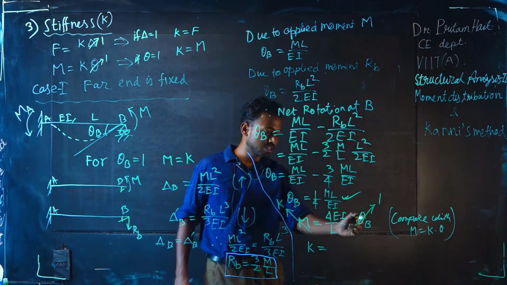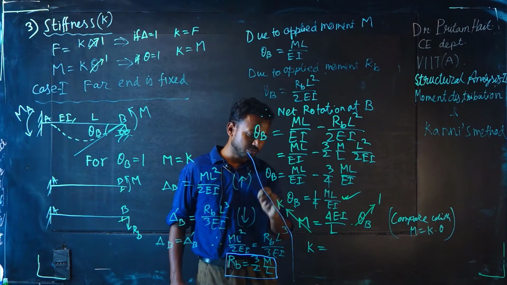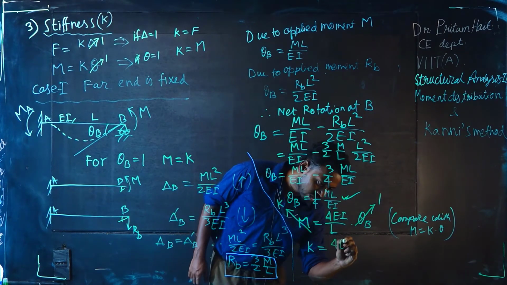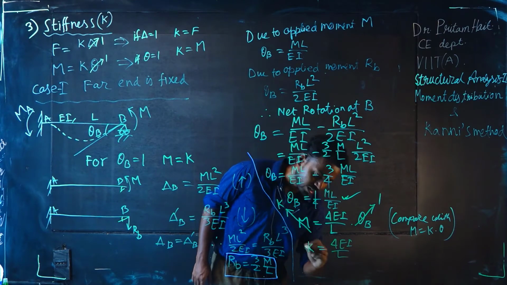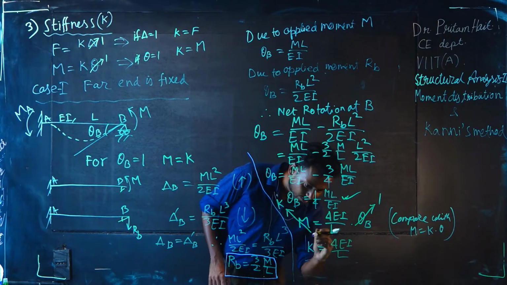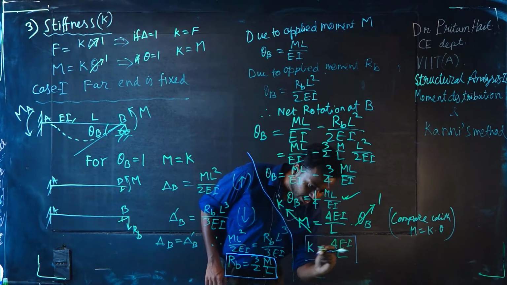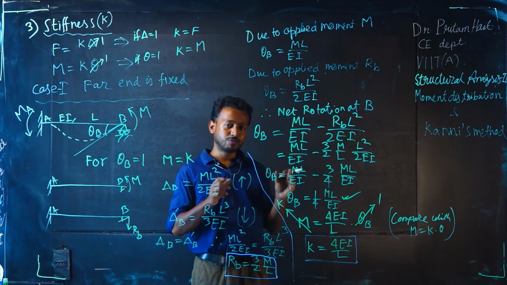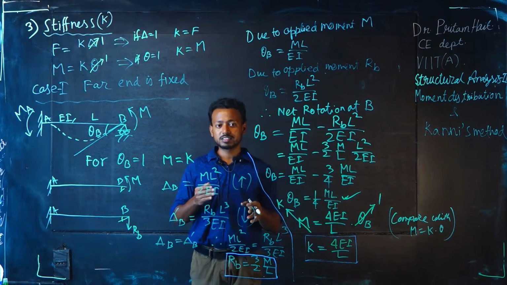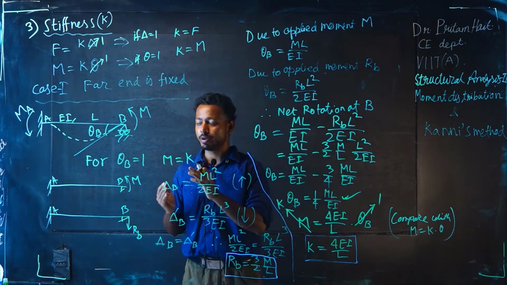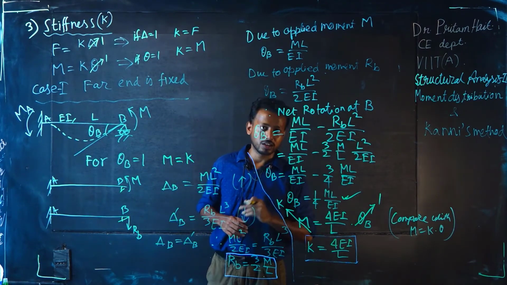So stiffness K equals 4EI by L. This is the ultimate expression for a prop cantilever. If you apply a moment at the free end, and as the far end is fixed, the stiffness of this member will be 4EI by L.